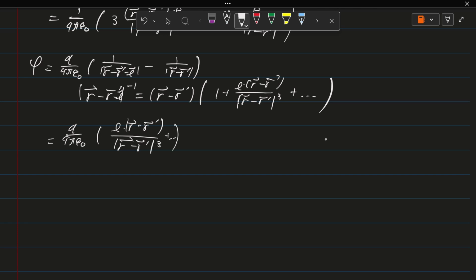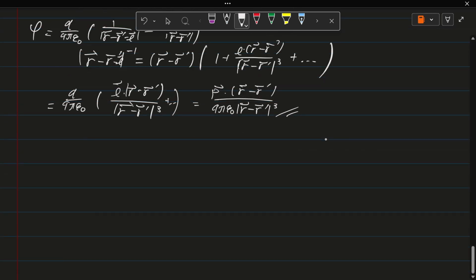Using the same definition of the dipole moment, we see that the dipole moment dot (r vector minus r vector prime), divided by 4 pi epsilon 0 times r vector minus r vector prime cubed, is pretty much the approximation of the electrostatic potential of the dipole, in terms of the dipole moment.